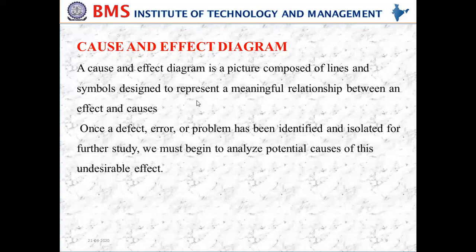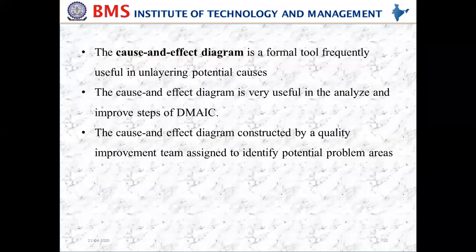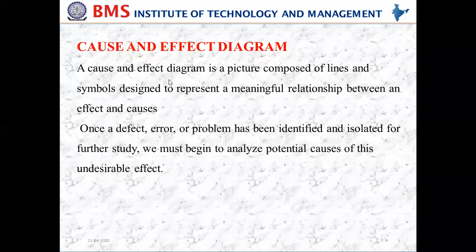Once a defect, error or problem has been identified and isolated, for further study we must begin to analyze the potential causes of this undesirable effect. When I say the effect, it may be a bad effect or it may be a good effect. If it is a bad effect, we can find the corrective action and implement it.